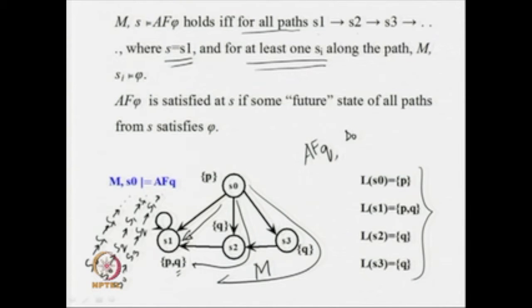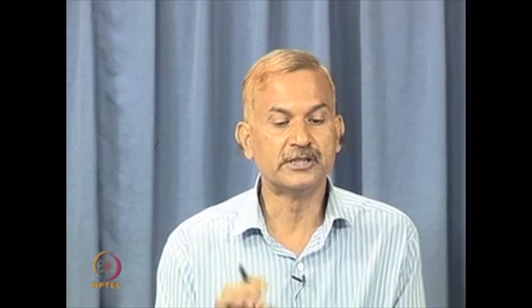That means in all 3 paths, in some future state, we get q as true. Here it happens in the very next state, but it may happen that in the next state it is not true, but in some future state it is true. Then we say that in all paths, eventually q holds. So, we say that M, S0 models AF q. We are looking for the formula q, which is true in some future state along all the paths.